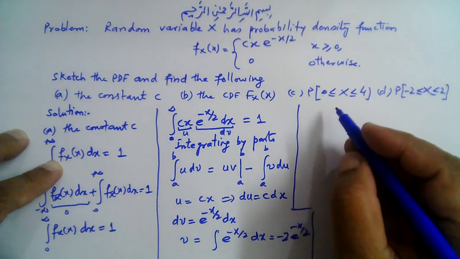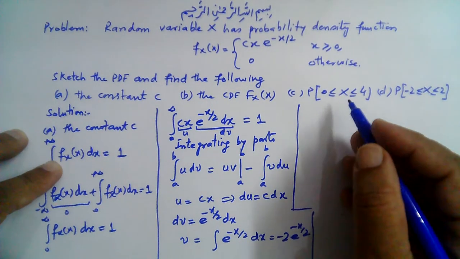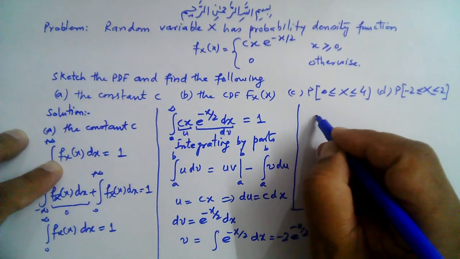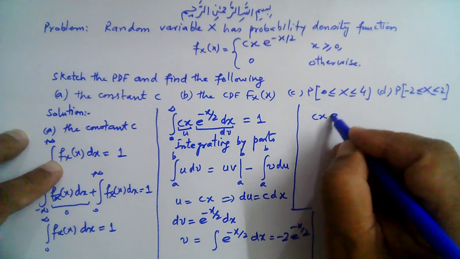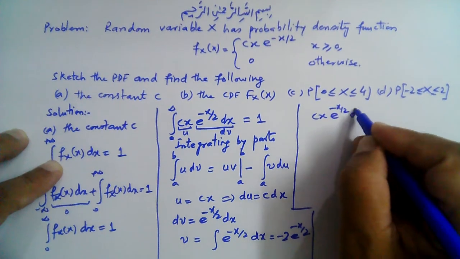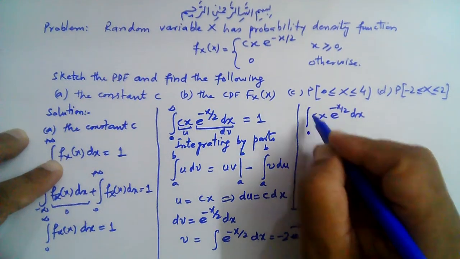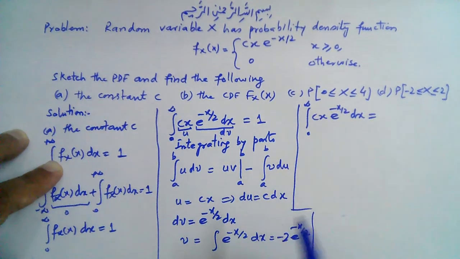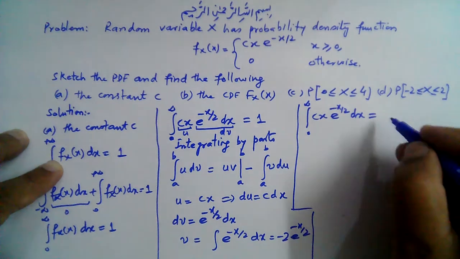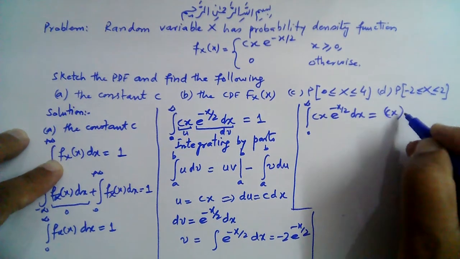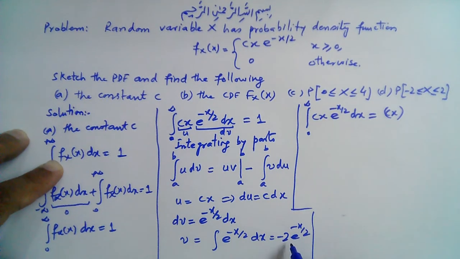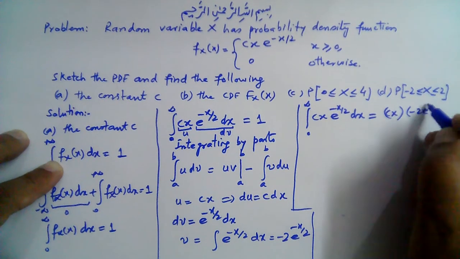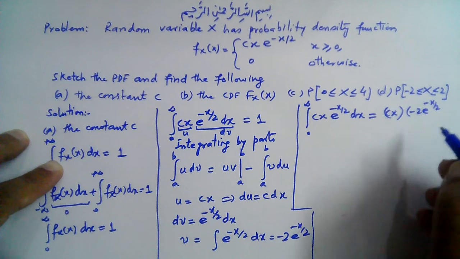So this comes out to be, we can write it like this: cx e raised power minus x over 2 dx 0 to infinity is equal to, now u is cx, and v is equal to minus 2 e raised power minus x over 2, right?